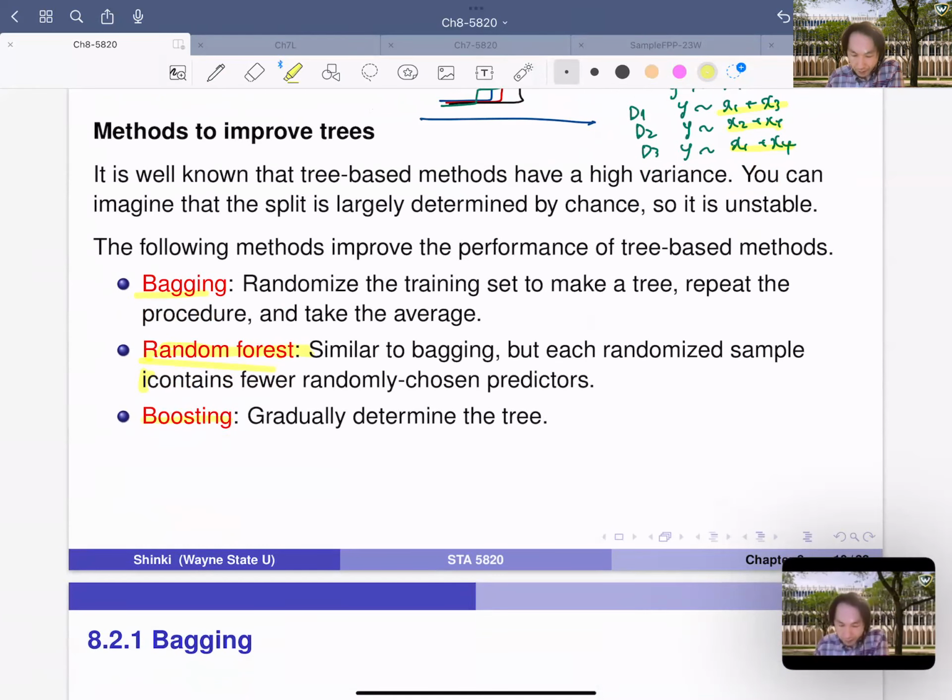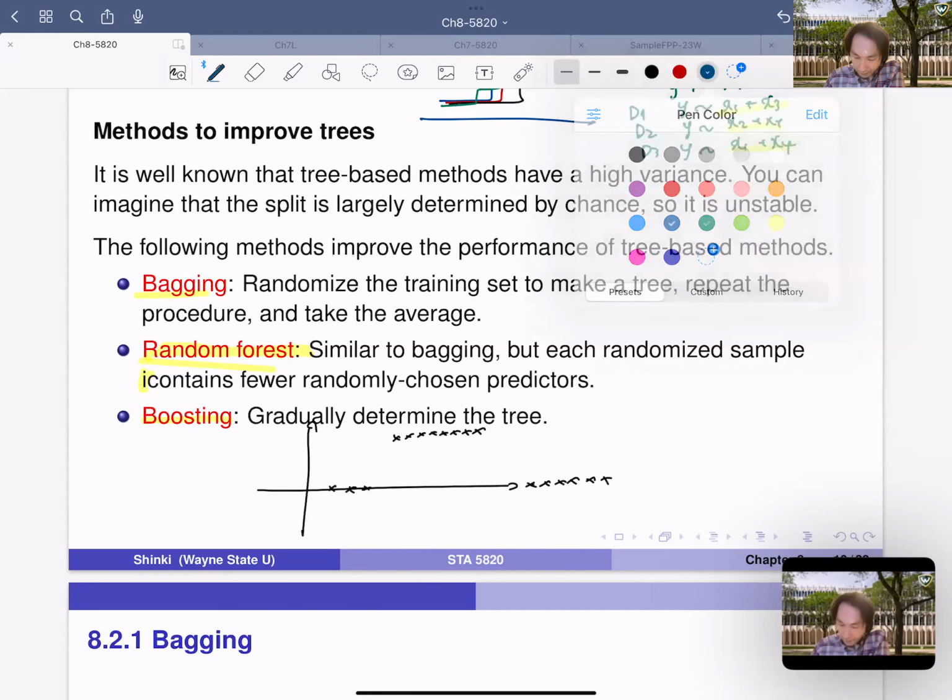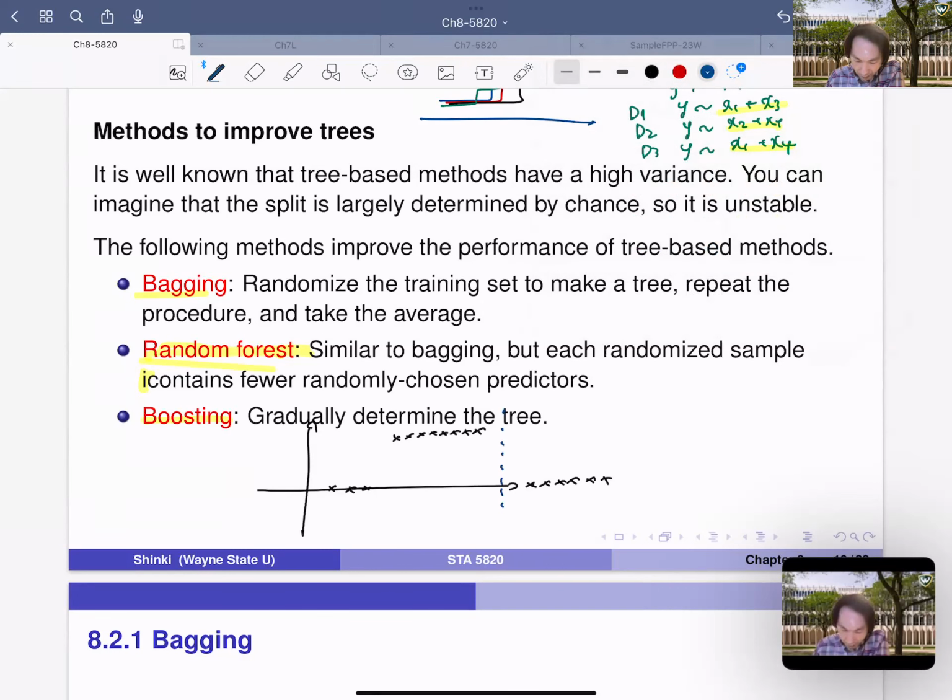And boosting gradually determines the tree. So when we have, like, 0, 0, 0, 1, 1, 1, 1, 1, 1, 1, 1, and 0, 0, 0, 0, 0, the split is probably here, but we are not 100% sure.